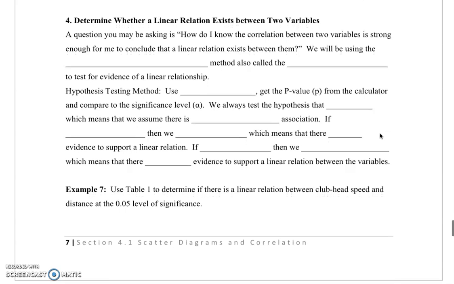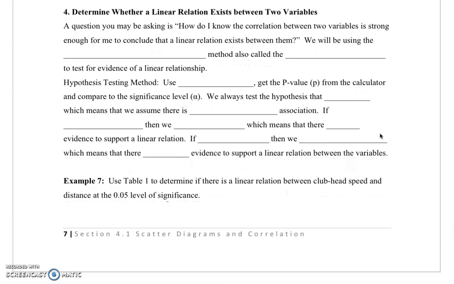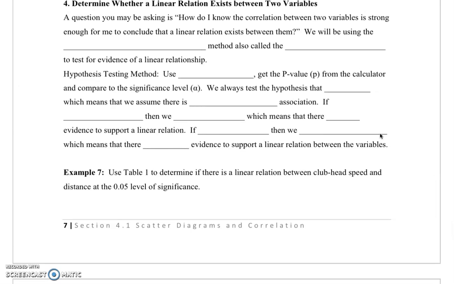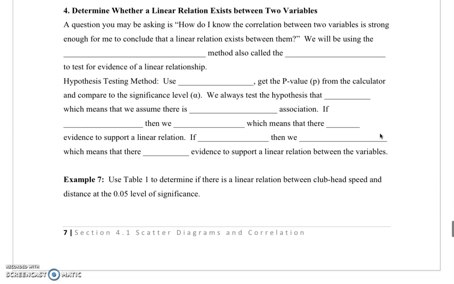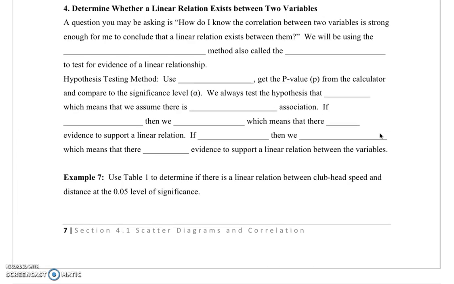So let's talk about how we determine whether a linear relation exists between 2 variables. You might be asking, how do we know whether it's strong enough to conclude that a linear relation actually exists? We're going to use the hypothesis testing method, which is also called the p-value method.